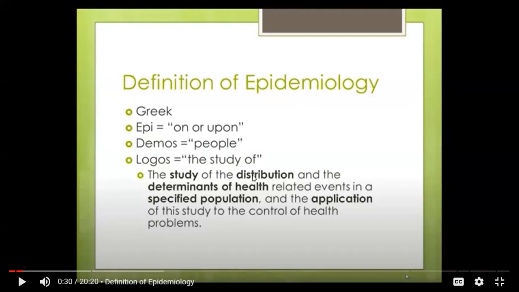So the study of distribution and determination of the health related events in a specific population, and application of this study to the control of health problems. For example, say we go to survey a particular area.